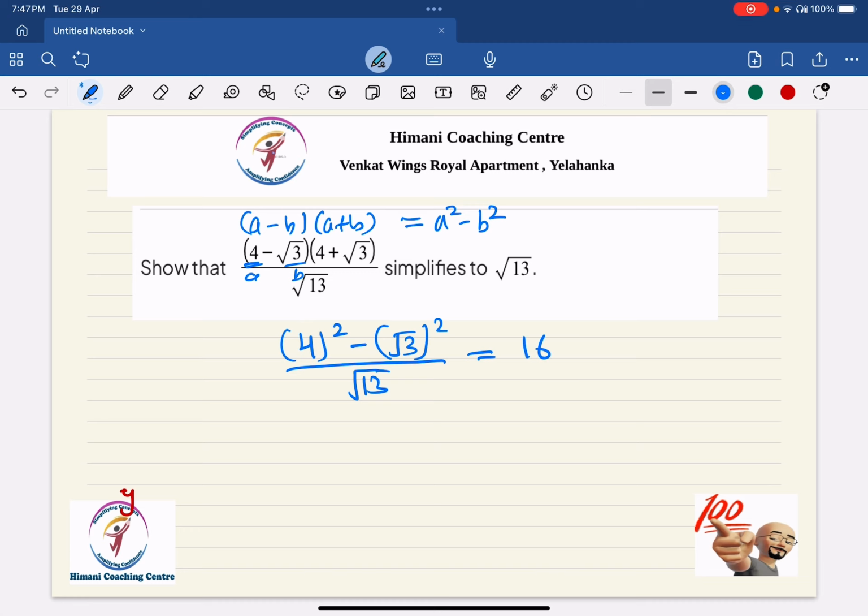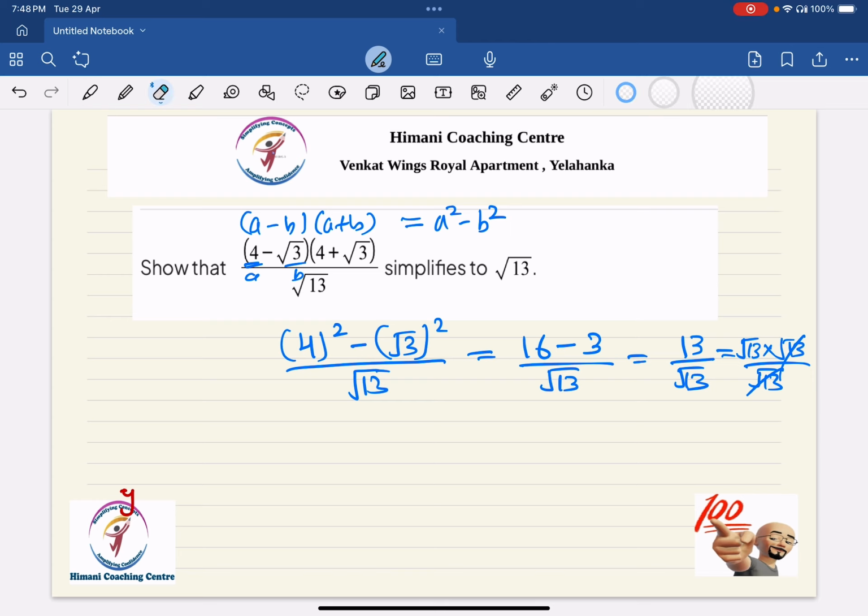Now 4 square is 16, root 3 square is 3. So 16 minus 3 over root 13, which is 13 over root 13. Now 13 is actually root 13 into root 13, isn't it? Divided by root 13, this is how we get our answer.